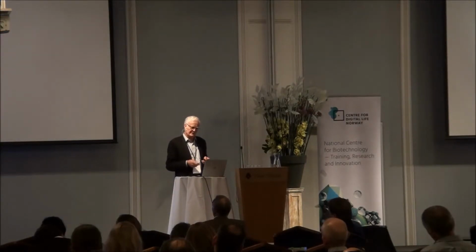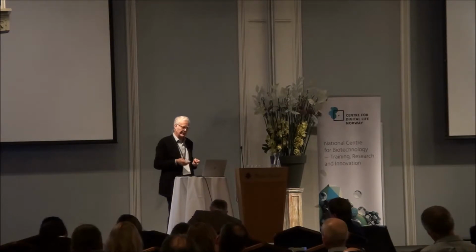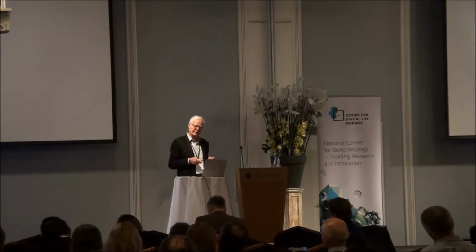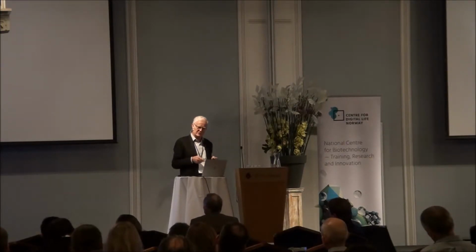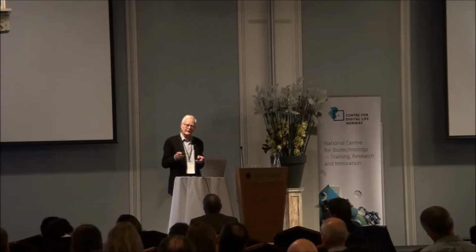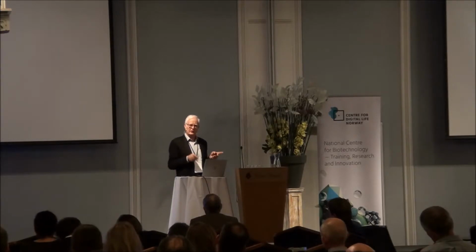So where we're heading with this is we're setting up a journal that's going to be called the Physiome Journal, and it will be under the auspices of the International Union of Physiological Sciences, and it will be a secondary journal, not a primary journal.